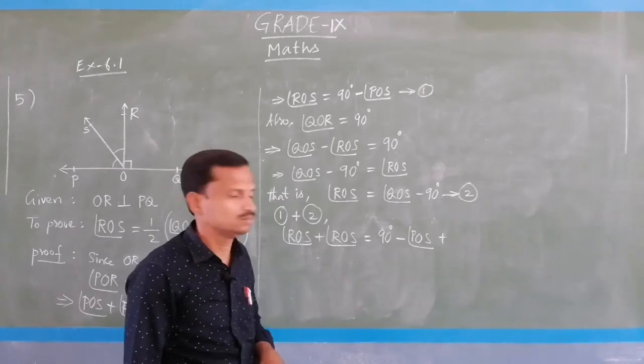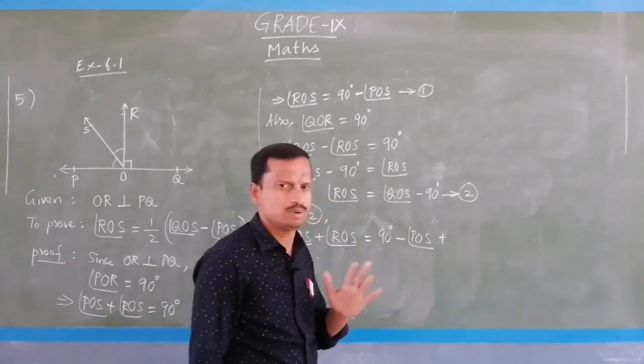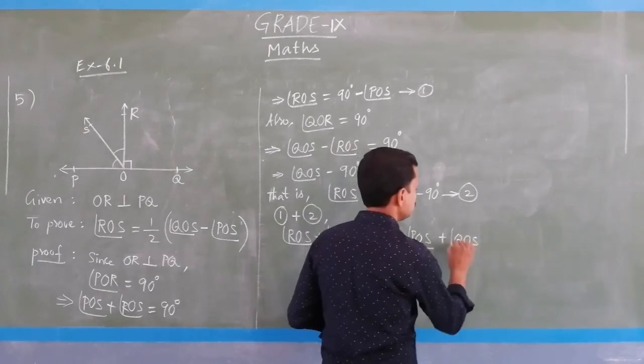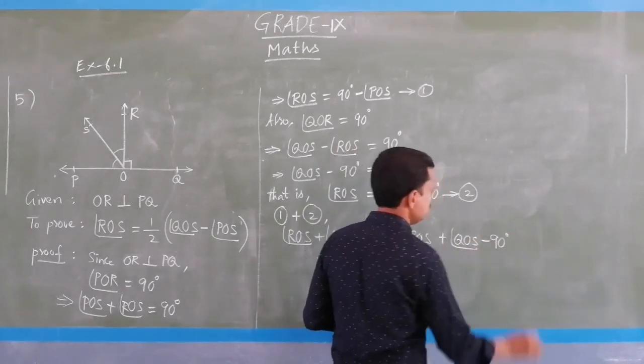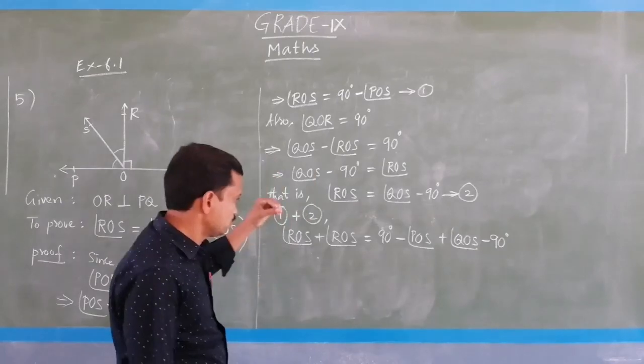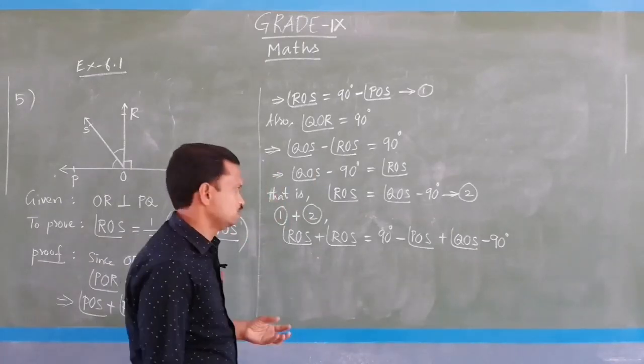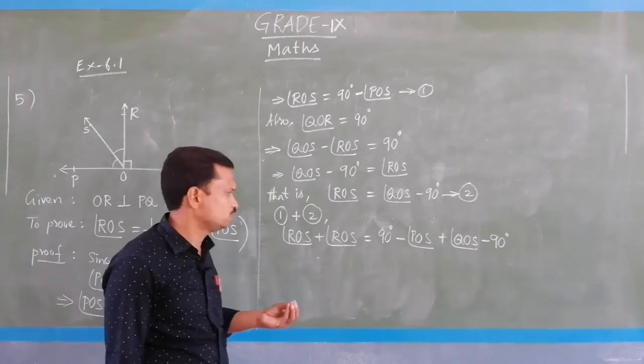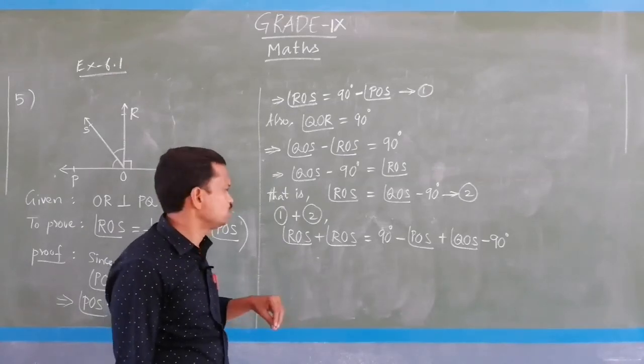But in addition, no problem, you can write as it is. So here QOS minus 90 degree. You see how I am writing and how I am explaining. This is the simplification concept. You should have this idea. You have to practice, and by practice it will come.